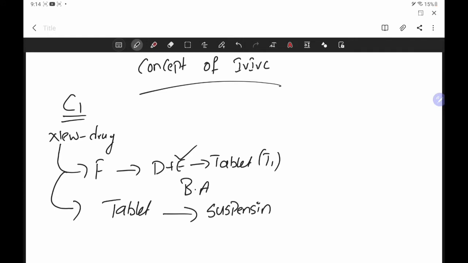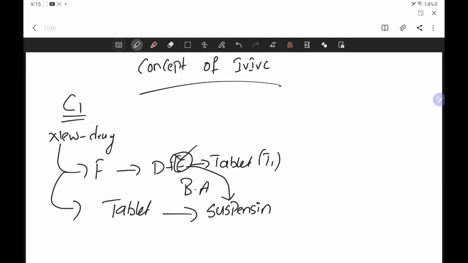Here also again they need to conduct the bioavailability study because we don't know how the excipients present in this suspension form will affect the rate and extent of drug absorption. That is your bioavailability. So I need to conduct a bioavailability study.